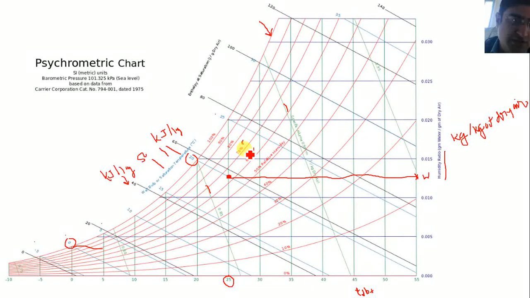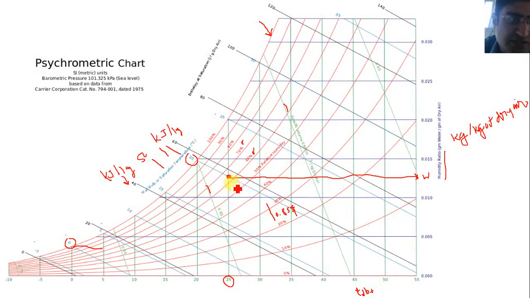It means that on the intersecting line the value of specific volume becomes 0.855, or you can say 0.857, which is the intersecting point.